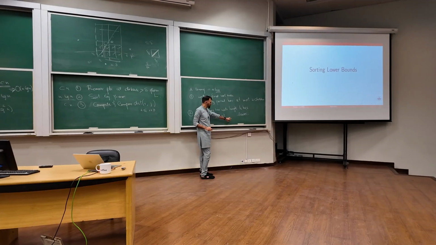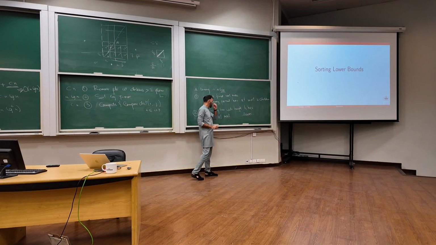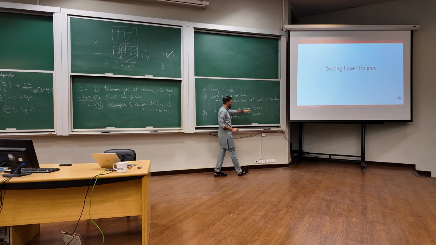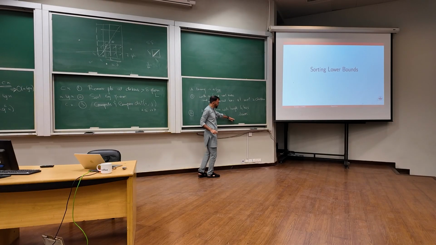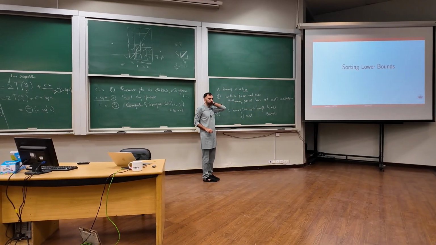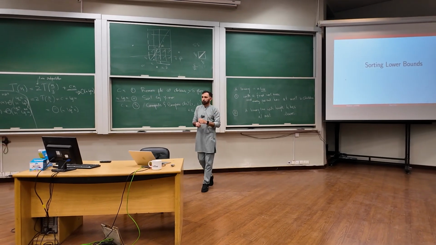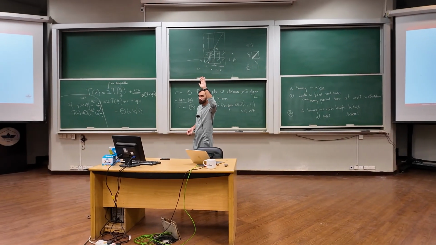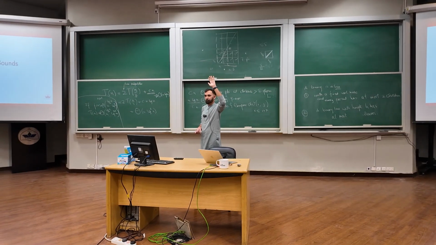Can someone fill this up? So a binary tree with height h has at most this many leaves. Is it? Yeah?